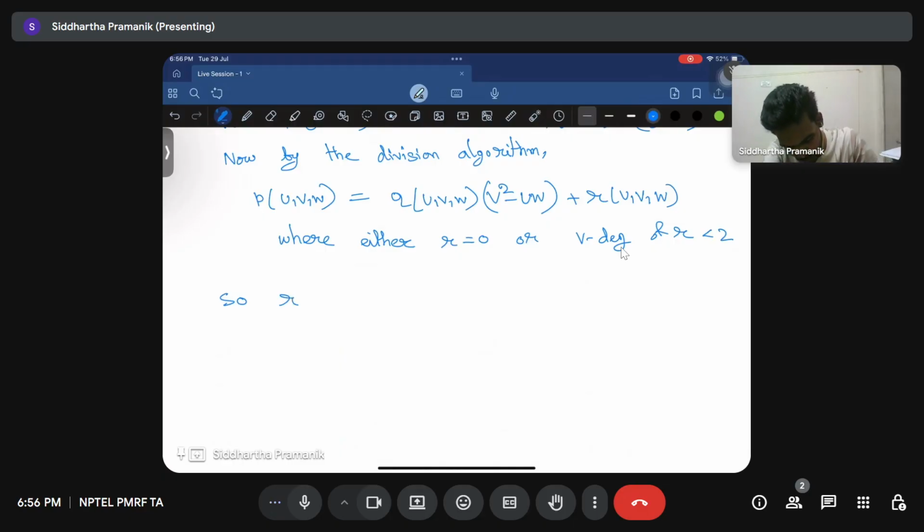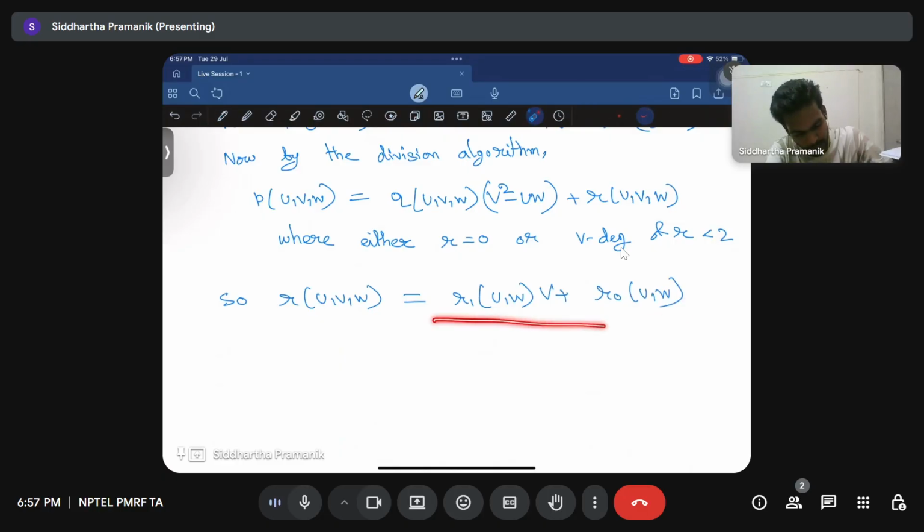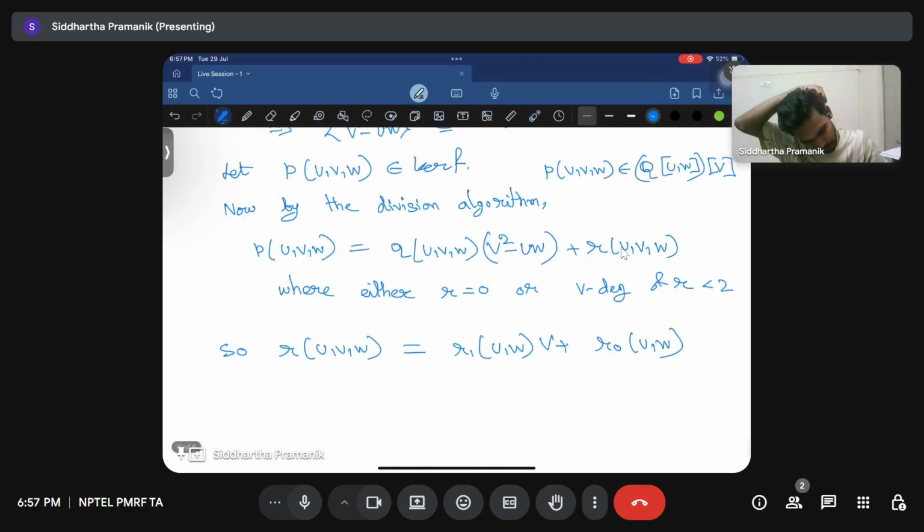So we can write r(u, v, w) as some r1(u, w) times v plus r0(u, w). So this is a degree 1 polynomial in v, right?